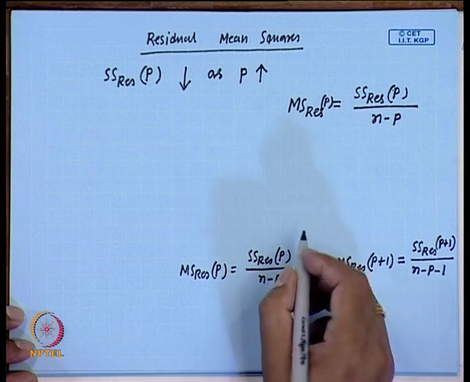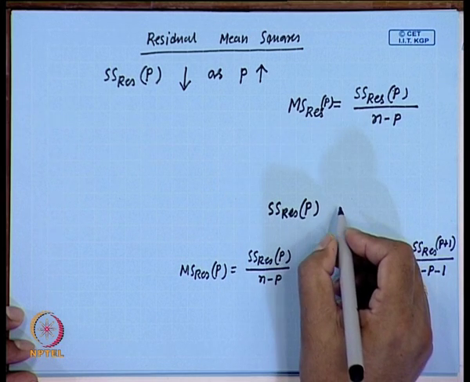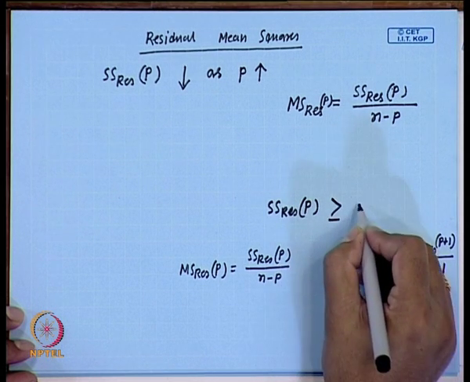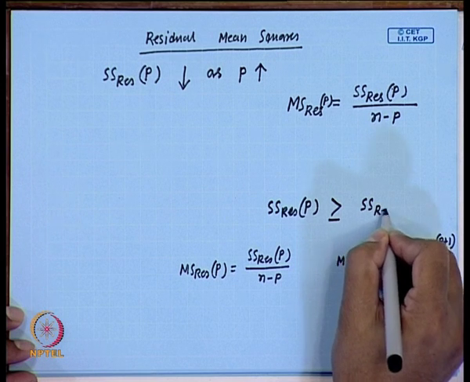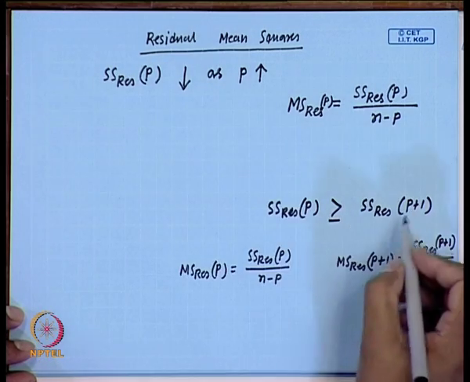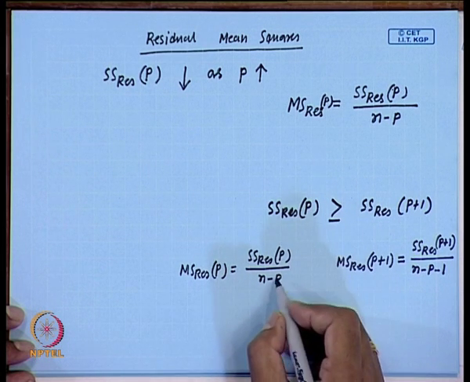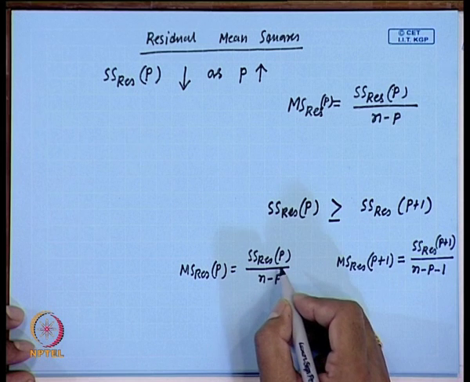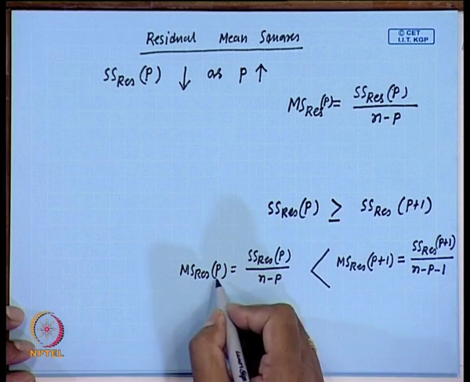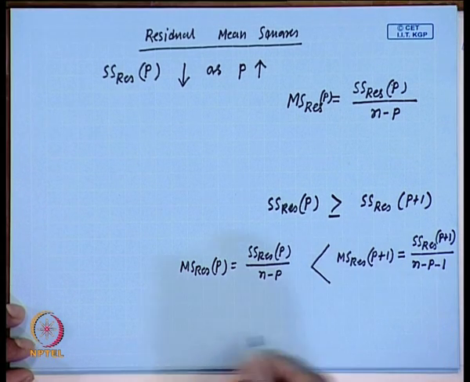Okay. We know that SS residual P is greater than or equal to SS residual P plus 1, because SS residual decreases as P increases, but the same thing is not true for MS residual. Here this could be larger than the MS residual P.